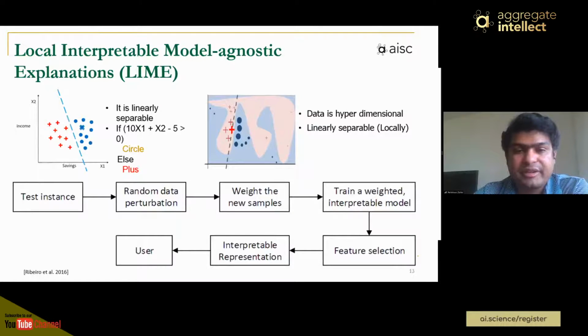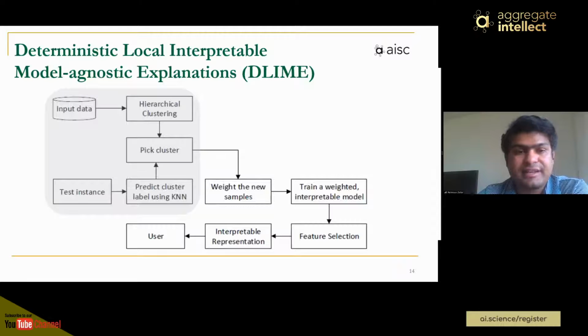So here we proposed DLIME. It is based on LIME, and the only highlighted part is different from LIME. Instead of creating synthetic data, we are using hierarchical clustering to create subspaces. We are not generating synthetic data. We are only using original data, and then we are grouping it into subspaces using hierarchical clustering.